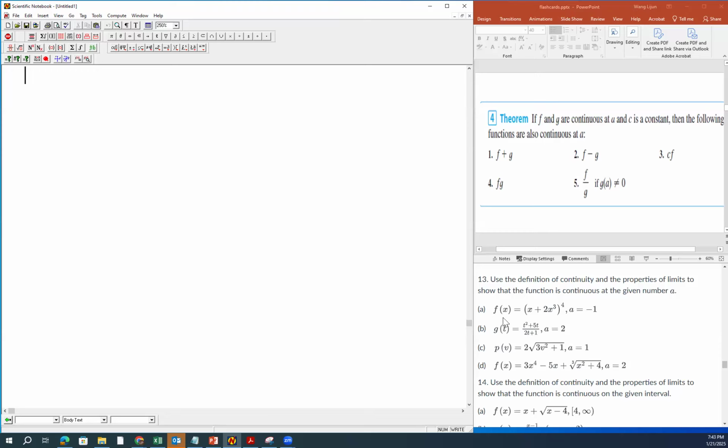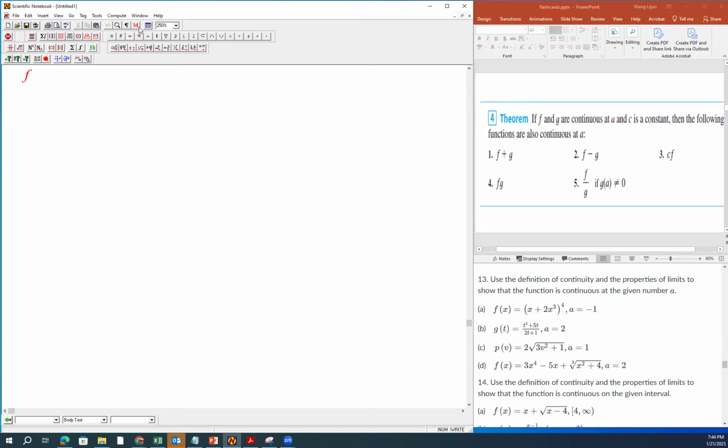For example, the first one, A, right? f of x equals x plus 2 times x raised to the power 3, all to the power 4. Well, this is a polynomial, right? So how do we say it? It's a use of the definition of continuity and the properties of limit to show that the function is continuous at the given number a. Then this is what you can say.